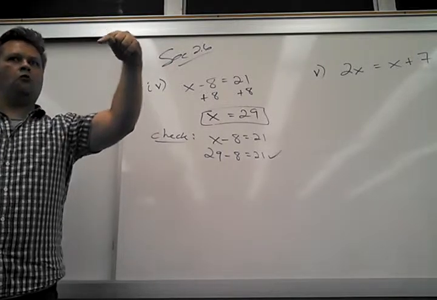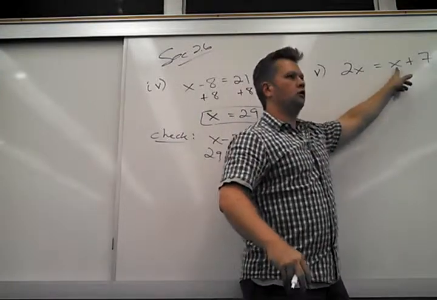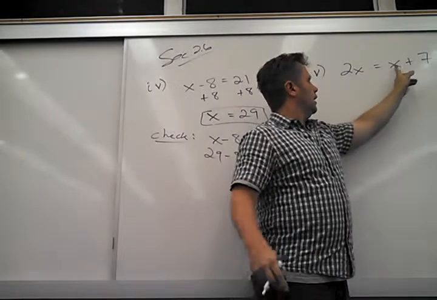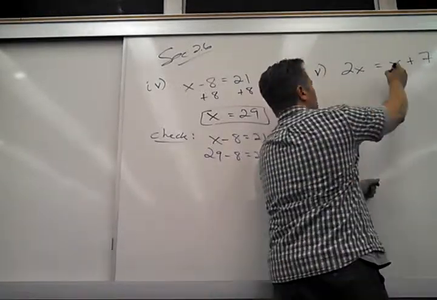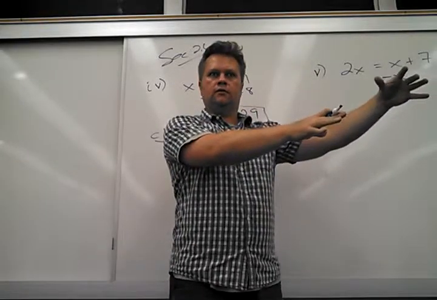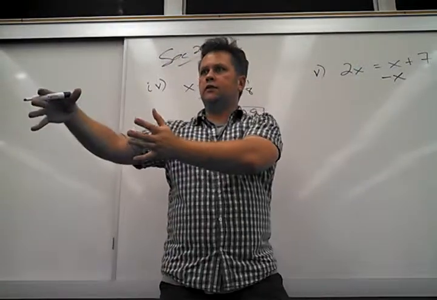How do I get them to be on one side? So really the question is, how do I get it to cancel on one side and effectively move to the other side? How would I cancel them out here? You subtract. Good. If I subtract x, then I'm going to leave just numbers on that side. And of course, if I subtract x there, I better subtract x on the other side, right?